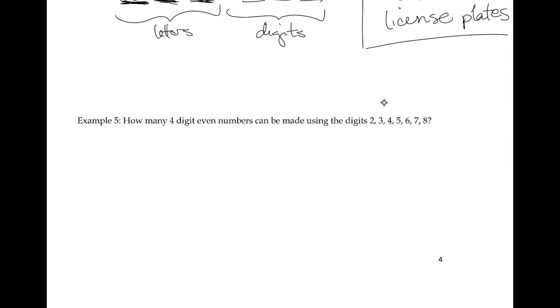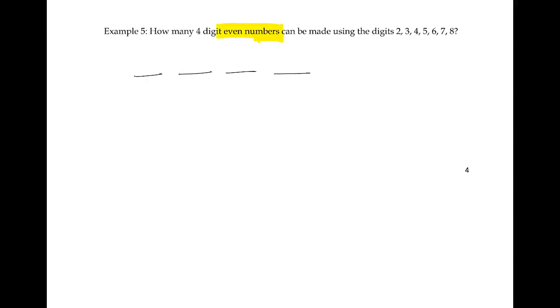There's a different choice that needs to be made. Example 4, how many 4-digit, so I'm going to put 4 places to work with, even numbers. Now this is a key thing. Can be made using this specific set.